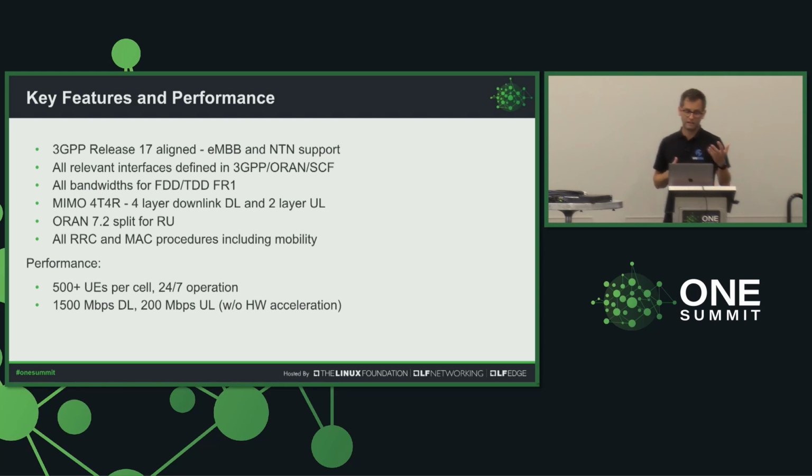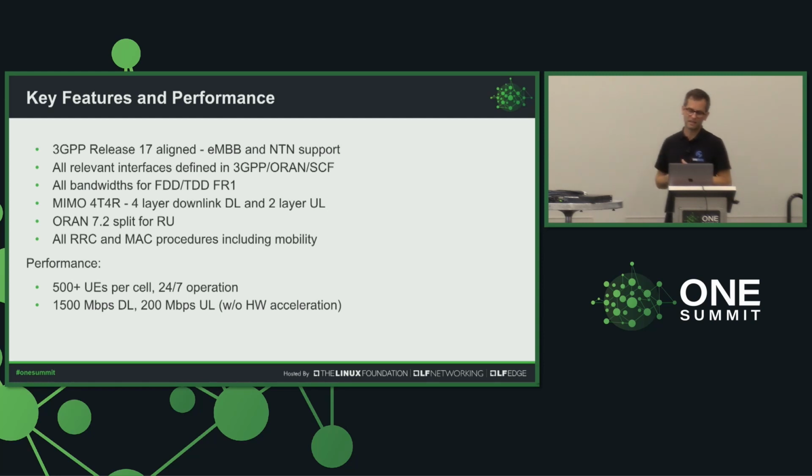So looking at 500 plus 1,000 UEs per cell, 24/7 operation, a 1500 megahertz. This is for a 4T4 100 megahertz cell configuration. Looking at 1500 megabits downlink, 200 megabits uplink without hardware acceleration per cell, and that's something that you can run on a normal server.